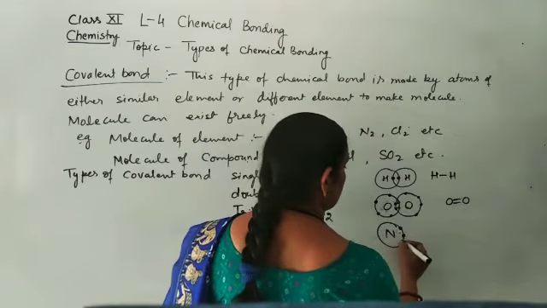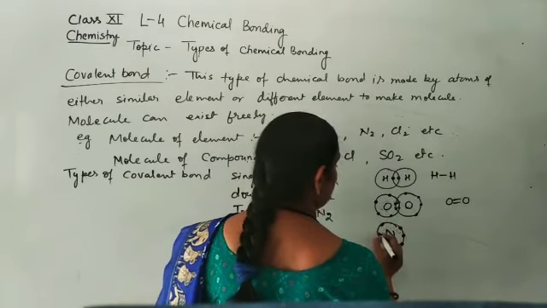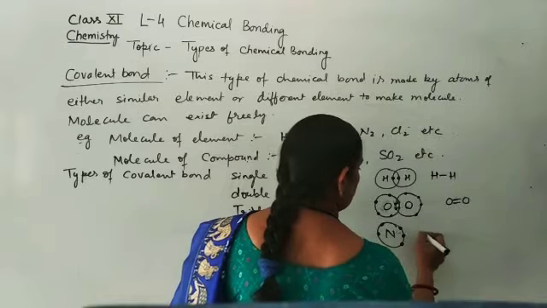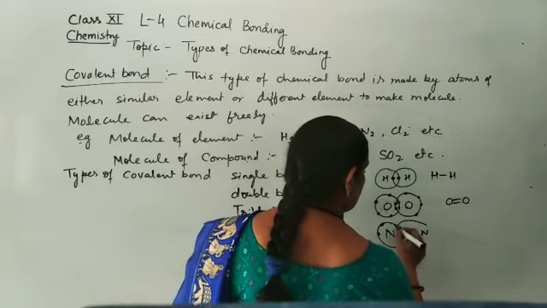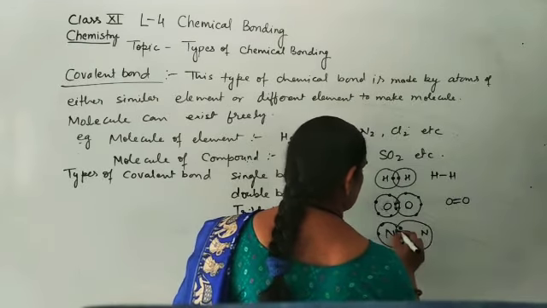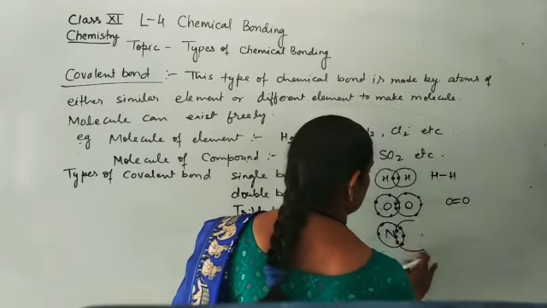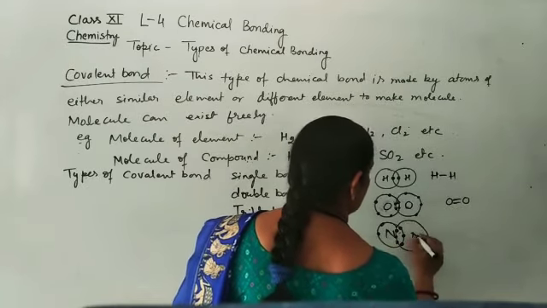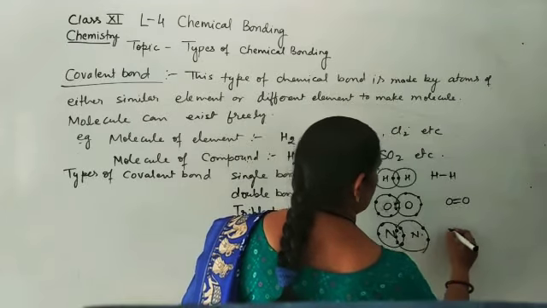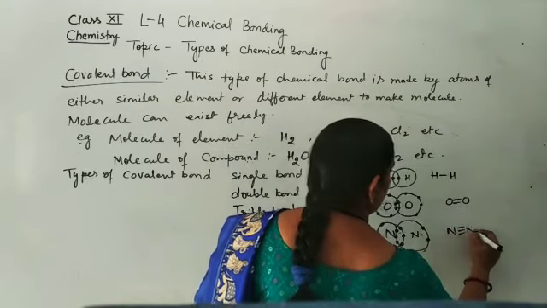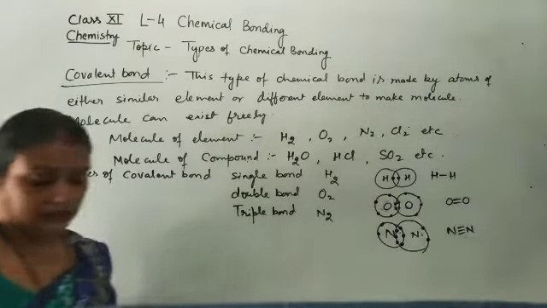It needs 3 electrons to complete its octet. So it will do sharing of 3 pairs of electrons. There is a triple bond between the nitrogen atoms.